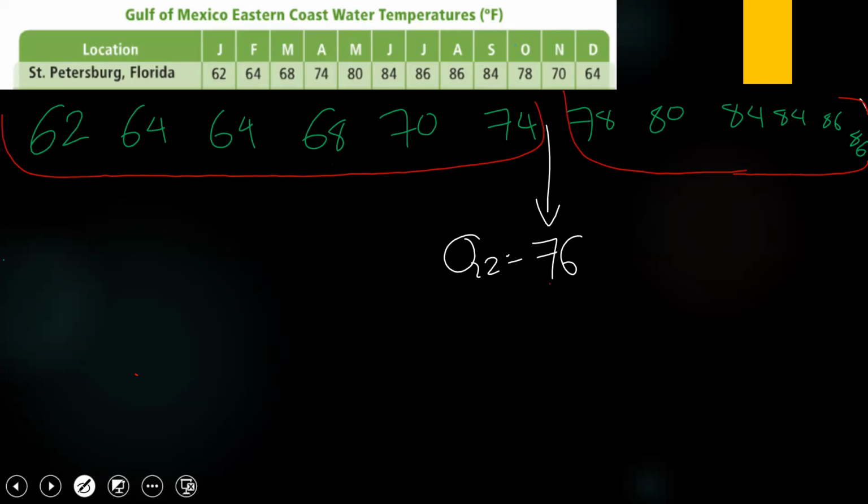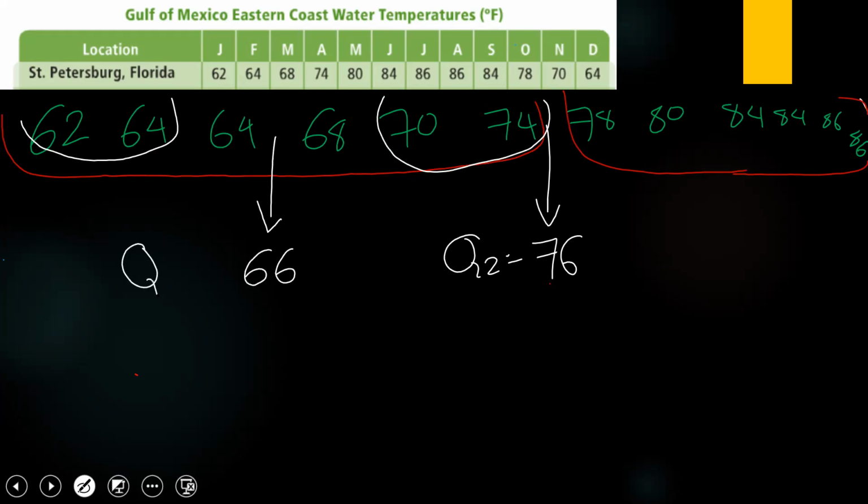Here we have 1, 2, 3, 4, 5, 6 values. So between 64 and 68, it will be here. This is Q sub 1. And where will the Q sub 3 be? It will be 84 plus 84 over 2, which is 84. Right. This is Q sub 3.